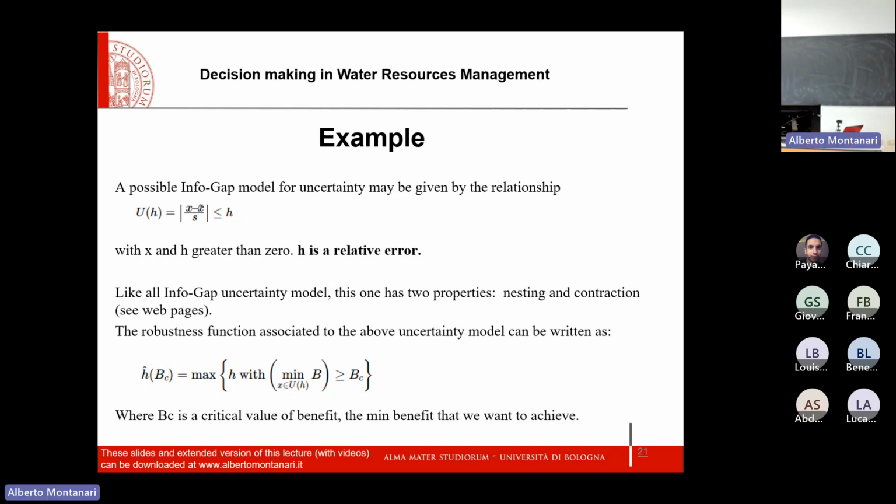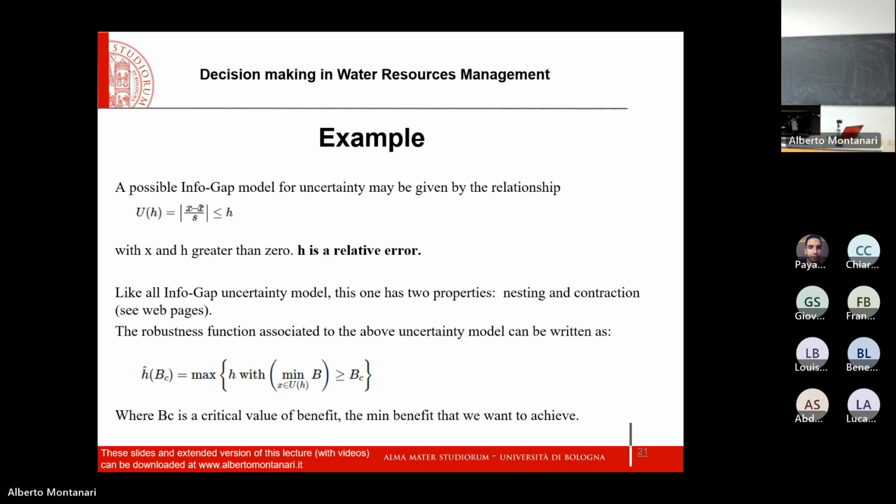Instead, if there is an error in the future, the reality x is different from x tilde, then the difference is a number which may be positive or negative, but I'm taking the absolute value here. So the difference is a number.